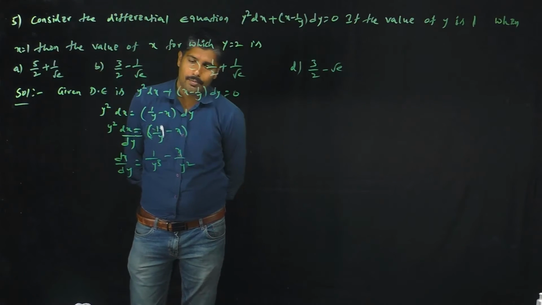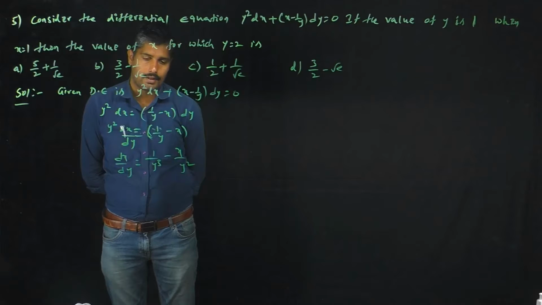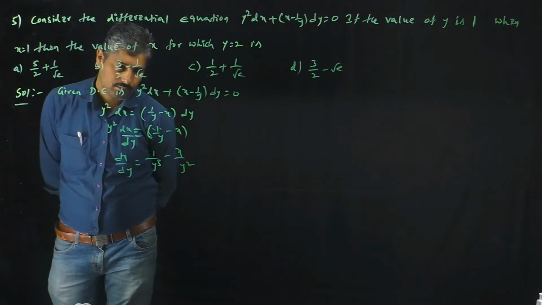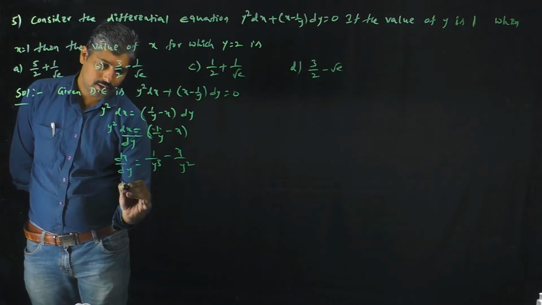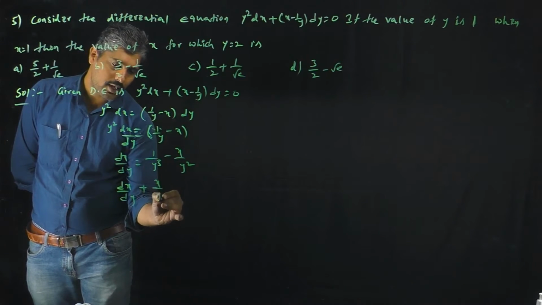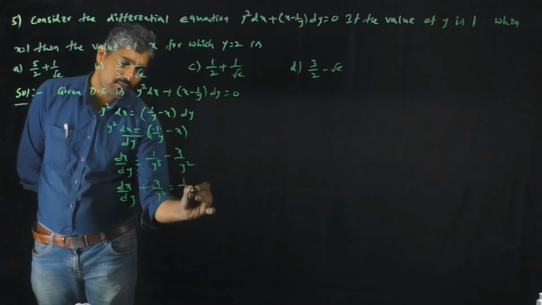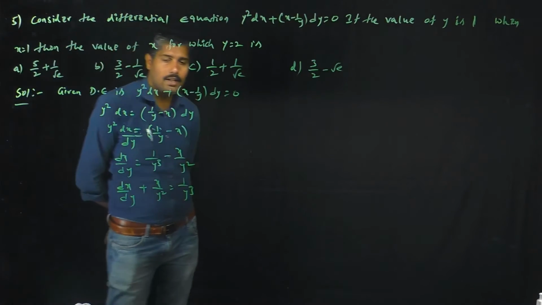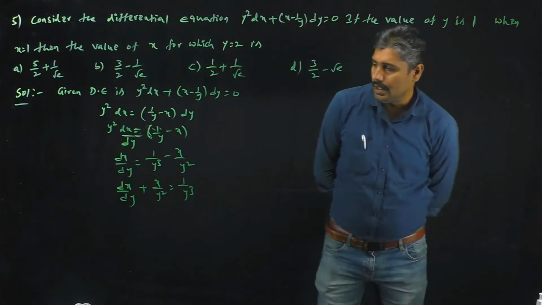1 by y cube minus x by y square. That is dx by dy plus x by y square equal to 1 by y cube. This is a linear differential equation in terms of x.